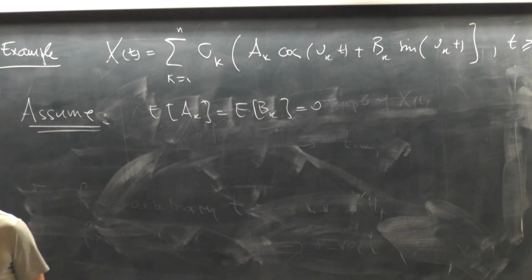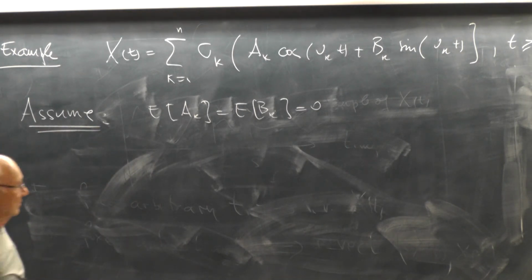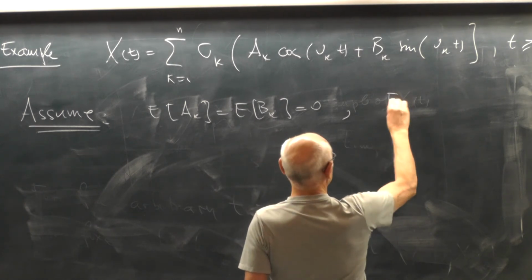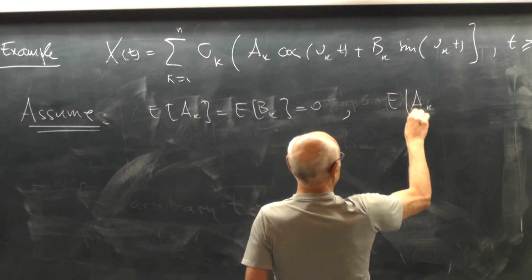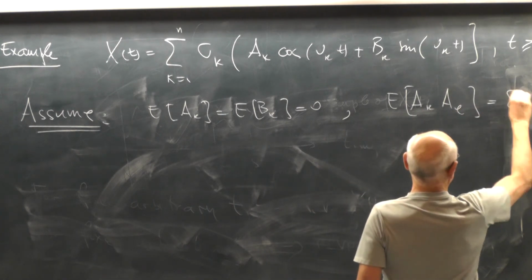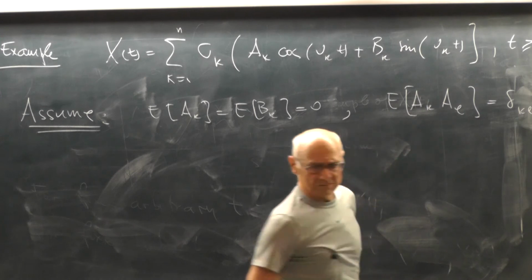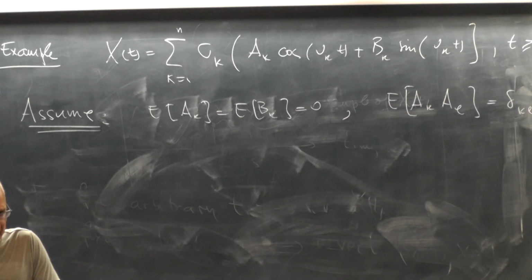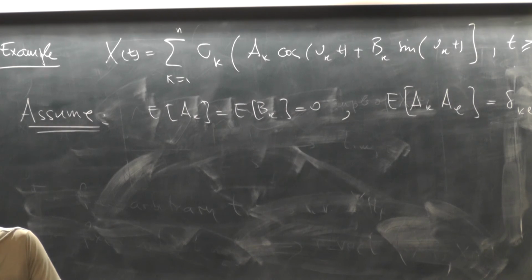So this is for all k, zero mean. And delta is the Kronecker symbol. If k is equal to l, it's 1. Otherwise, it's 0. That means the A's are uncorrelated.